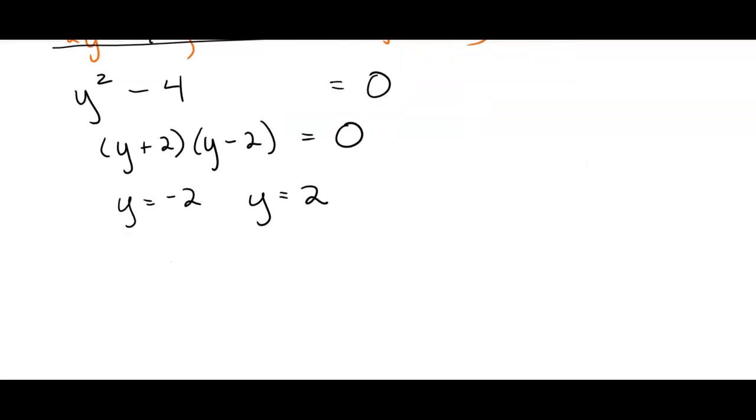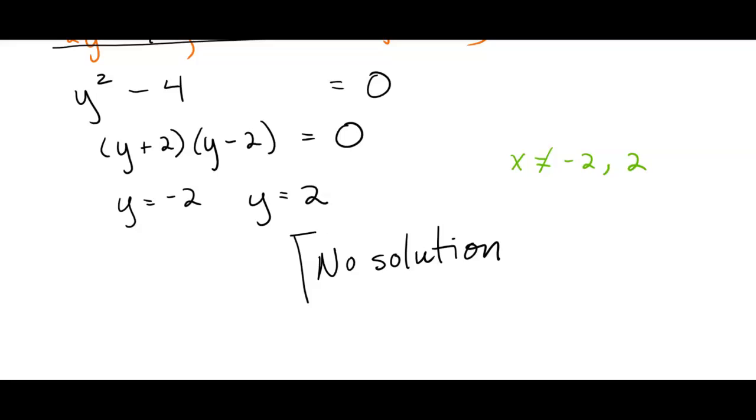Okay, so way back at the beginning of this problem, we said we know x cannot be negative 2 or 2. And what did we get for our answers? 2 and negative 2. So there's no solution here. This time we had 2 answers, but neither one of them worked. That's okay. We're just happy if we get it right.